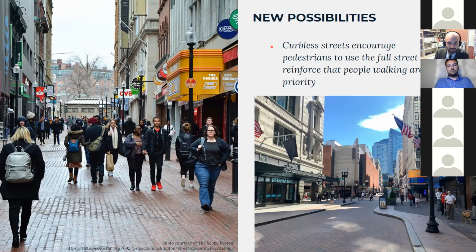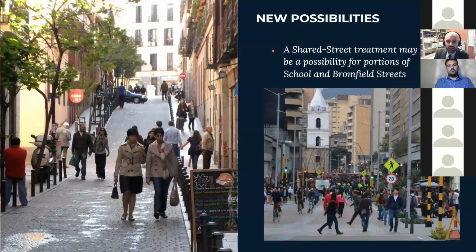So again, seeing some existing condition photos here, and we spoke briefly earlier about what a shared street treatment looks like. We have here another image from Madrid, Spain, and from Bogota, Colombia, of these curbless shared streets.